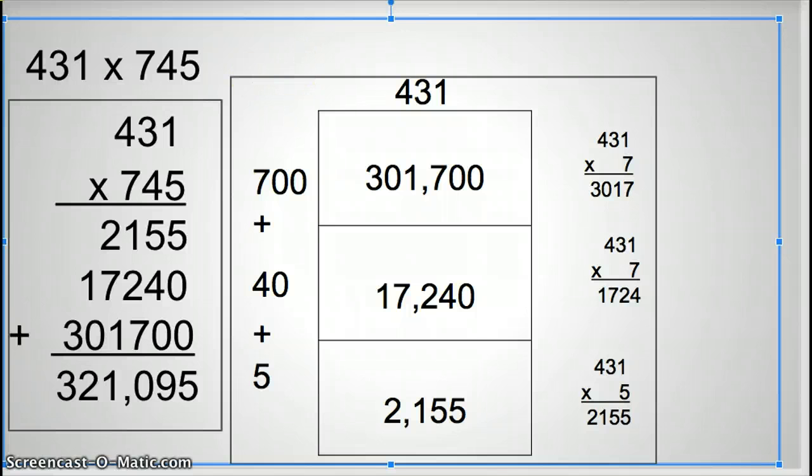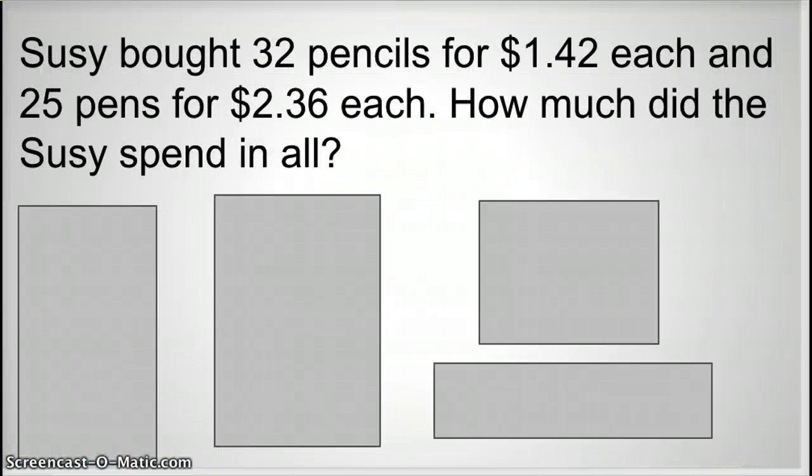Okay, this last practice problem for multiplication. Here's the last problem of the day for math. Susie bought 32 pencils for $1.42 each and 25 pens for $2.36 each. How much did Susie spend in all? Right now I just want you to try to solve this problem. You notice there's a 1, 2, 3, 4 step problem. 4 steps you need to do to solve this problem.